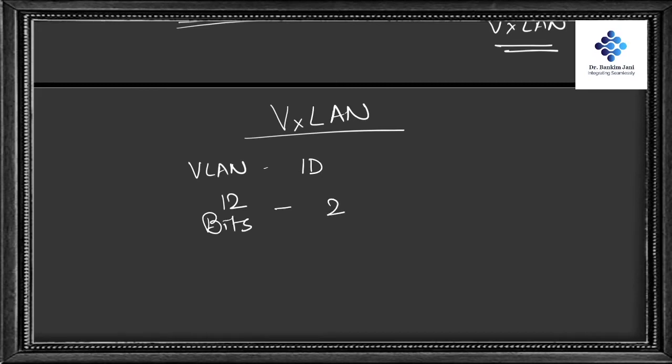So 2 raised to 12 means at most we reach 4096, and 0 is not included. So 4095 VLANs is what we were getting.